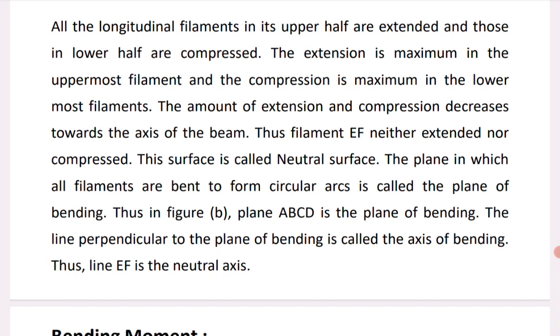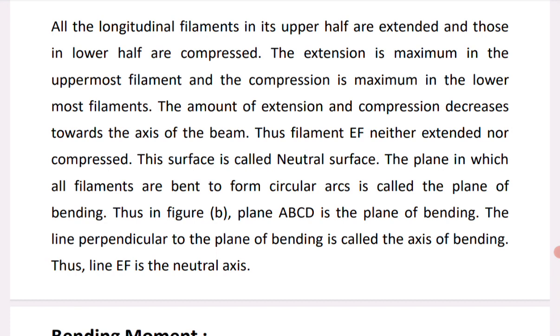All the longitudinal filaments in its upper half are extended and those in the lower half are compressed. The extension is a maximum in the uppermost filament, and the compression is a maximum in the lowermost filament, that means the lowermost layer surface.